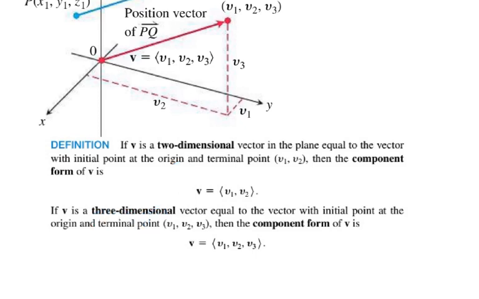And of course, if it was in 3 space, starting at the origin, ending at some terminal point X, Y, Z, we can say V, and we use these pointy braces here to say V1, V2, V3. So this is component form. And a lot of the times we want to convert a vector to component form to do calculations. Component form makes vector calculations much simpler.